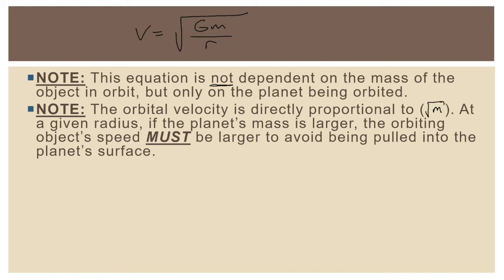Keep in mind, the v from this equation comes from that centripetal force equation. And so essentially what that speed, v, is telling us is this is the speed the object needs to be going in order for it to be moving fast enough to prevent from being sucked into the center of the planet by the gravitational force.